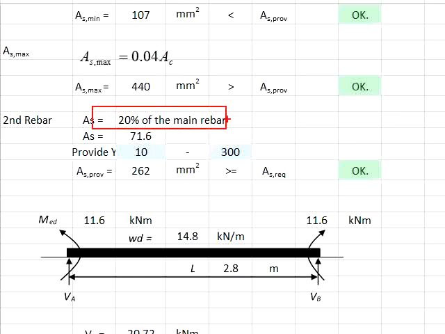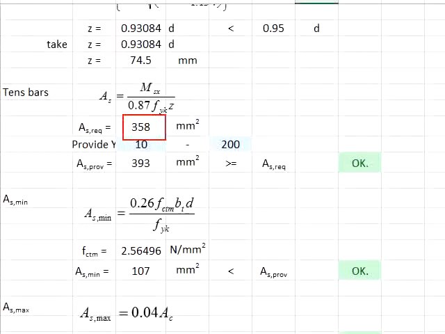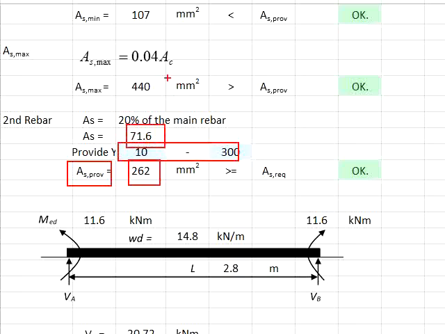20% of the main reinforcement bar required for the staircase will equal 358 times 0.2, that gives you 71 mm². Provide the reinforcement bar on the secondary side so that it is greater than 71.6, which in this case will provide Y10 at 300.